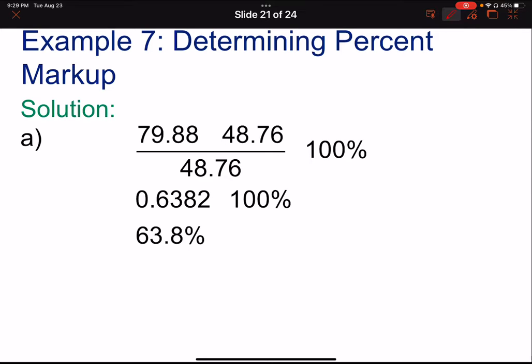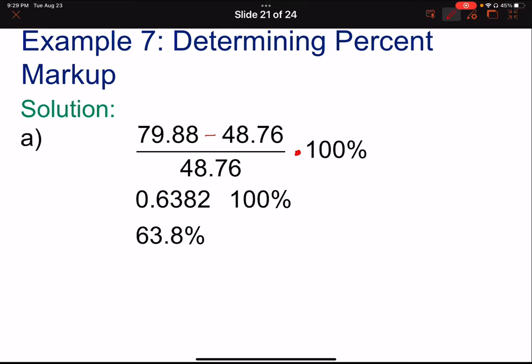Let's see. On a regular sale, the price was 79.88. The cost is 48.76. So take the difference divided by the cost and convert it to a percent sign. That means multiply it by 100%.